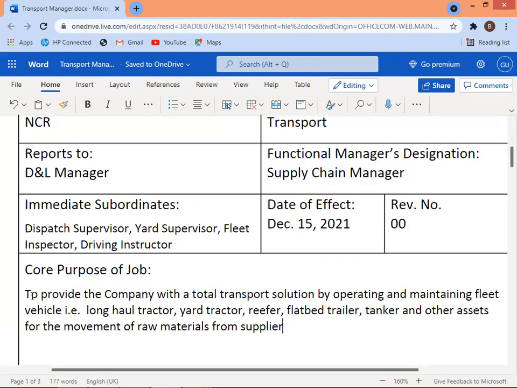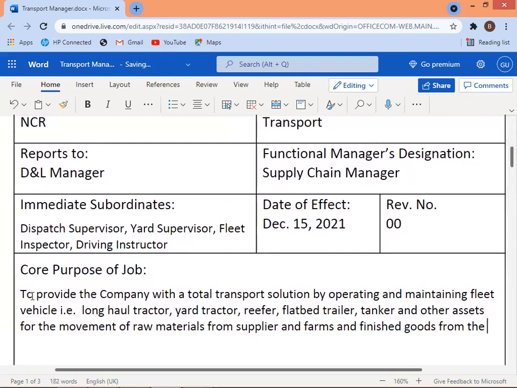So from supplier, or it could be from farms, direct from farms, like grain materials from farms and liquid materials and finished goods.